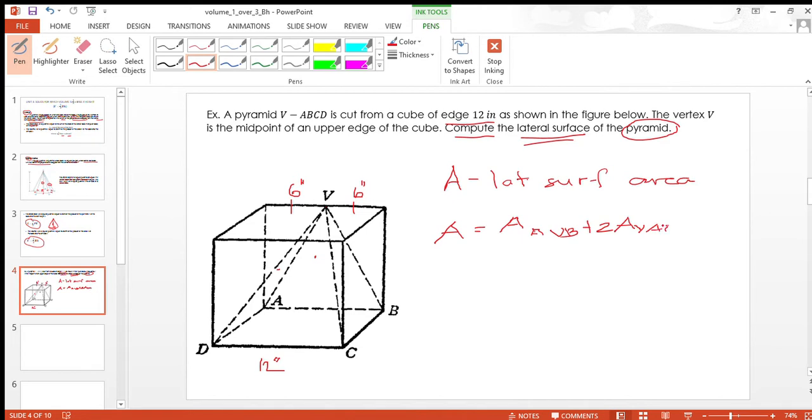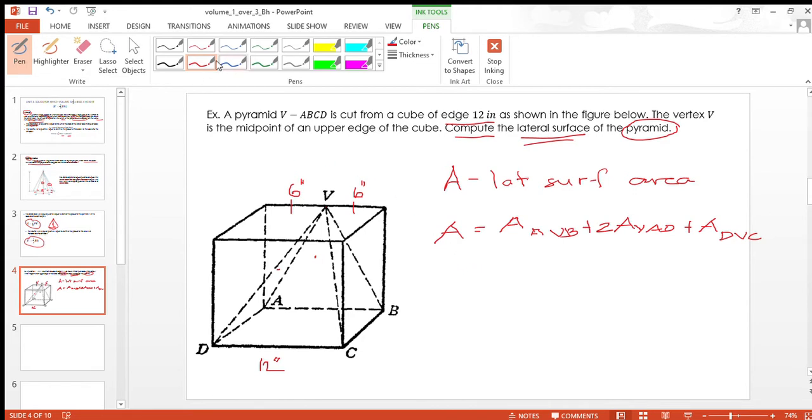Or if you don't like triangle VAD, you can have VBC. And then plus the area of the last triangle here, DVC. Anyway, just that triangle there. Okay, so we need now to compute the area of each triangle.